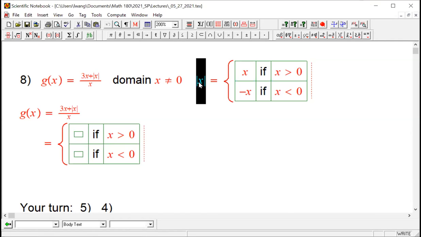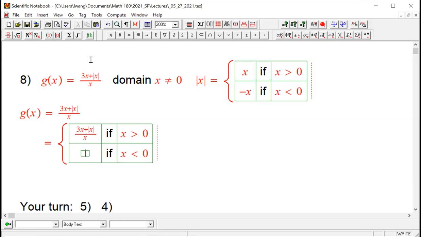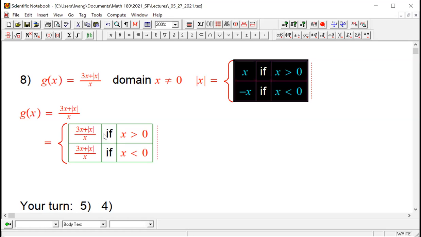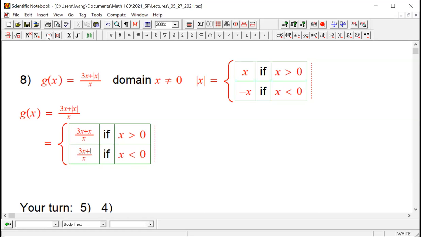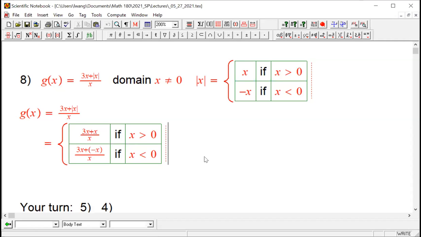But when you're handling the absolute value part, you're going to have these two pieces the same. For x positive, the absolute value of x is x, so this piece is replaced by x. And that piece is replaced by negative x. I deliberately show that process to you. Are you watching?